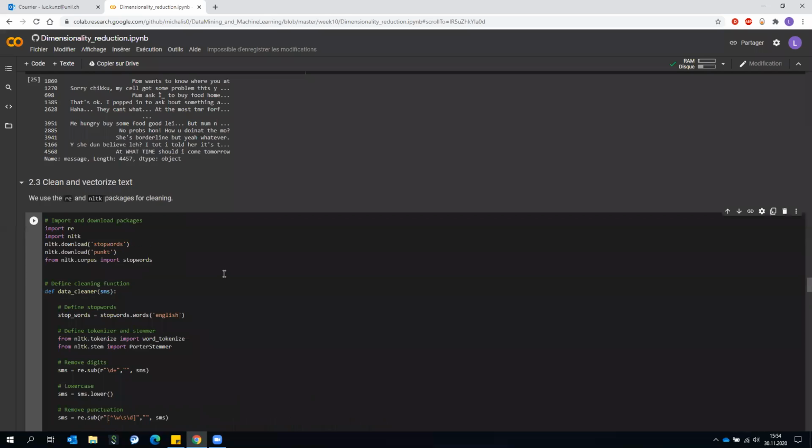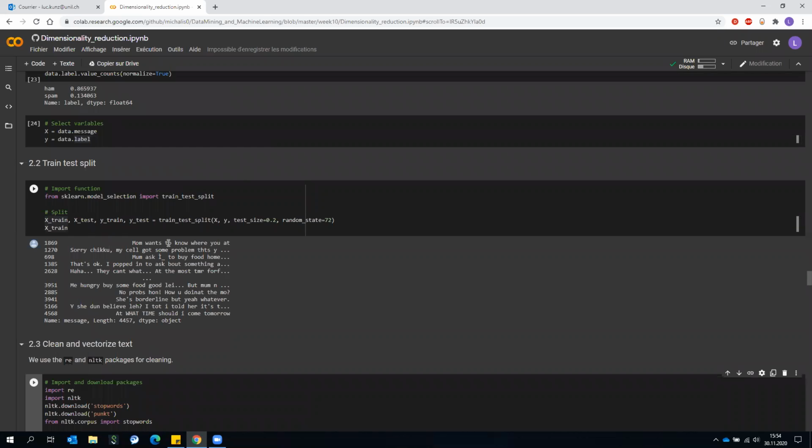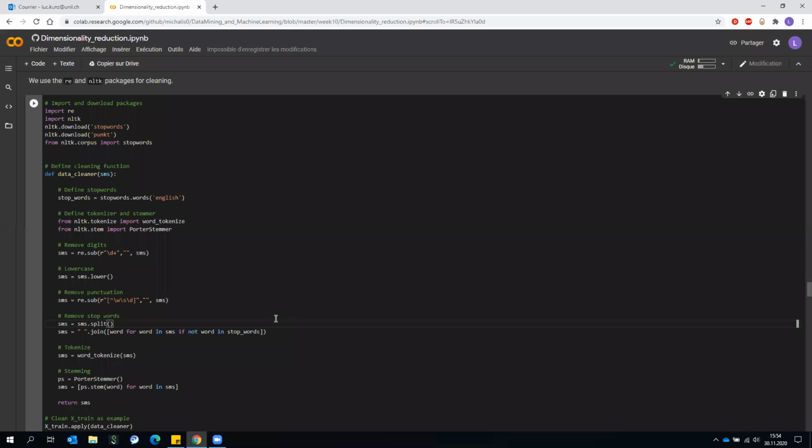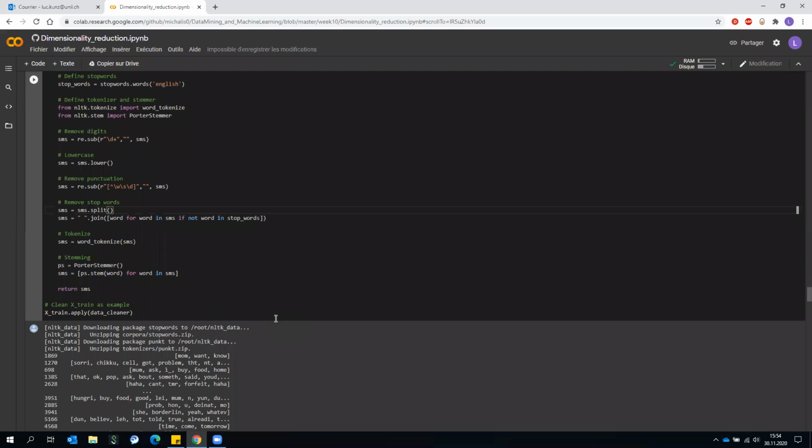For instance, the, to, where, you, and so on and so forth. So those stop words. Okay, so that's our cleaning and tokenizing function.